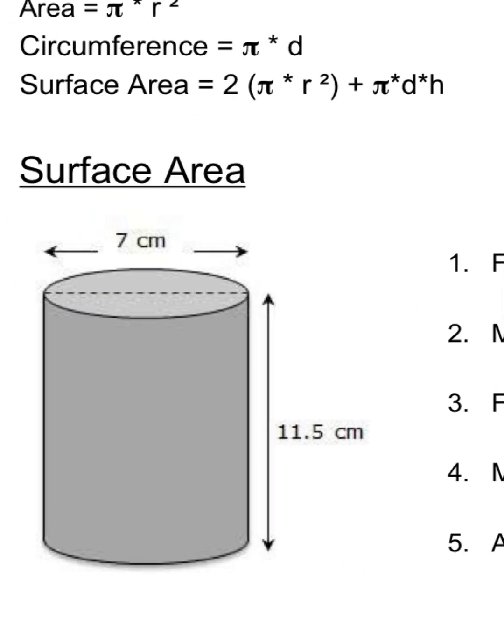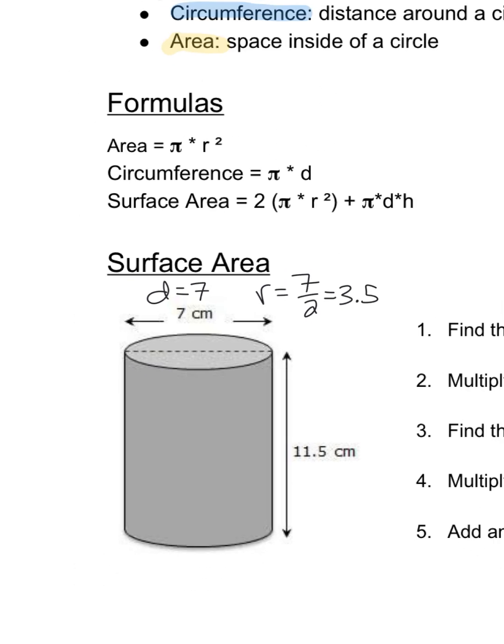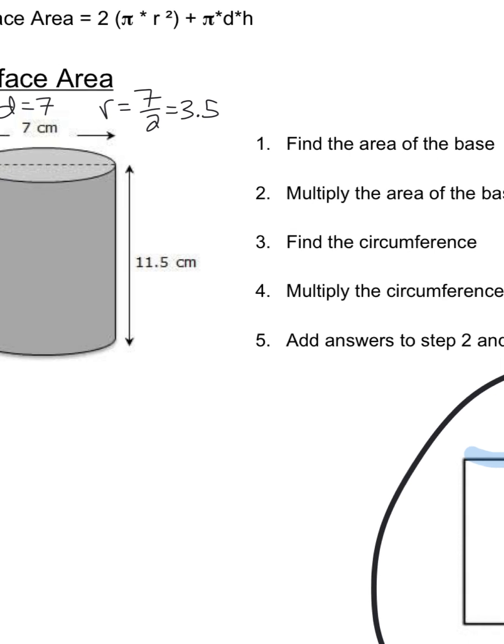In this example, the diameter is 7. To find the radius, we have to halve the diameter, so we're going to use 3.5. When we find the area of the circle, we're going to do pi times radius squared.